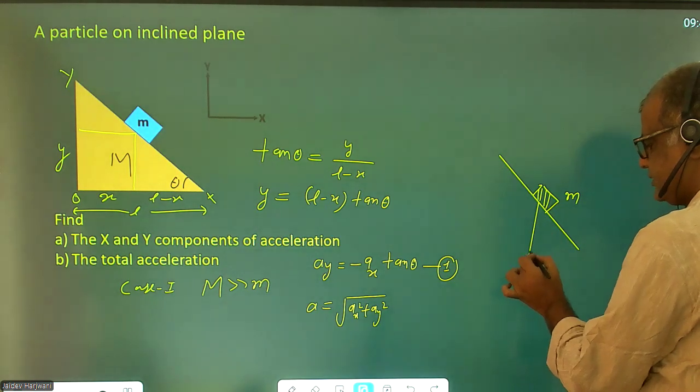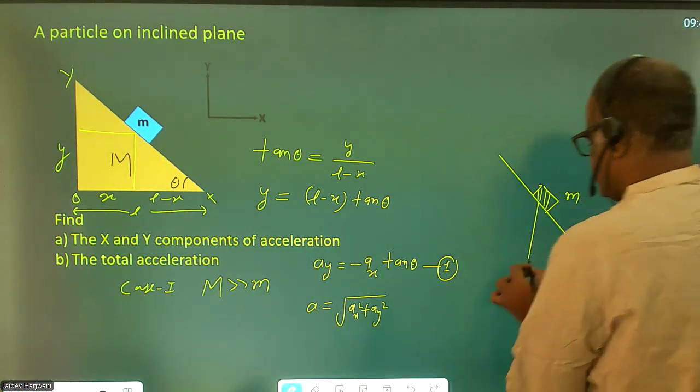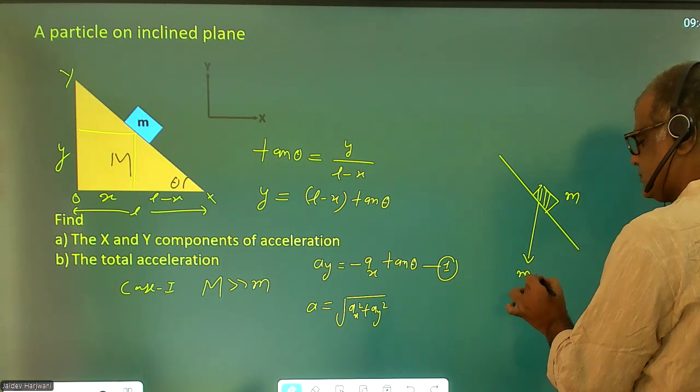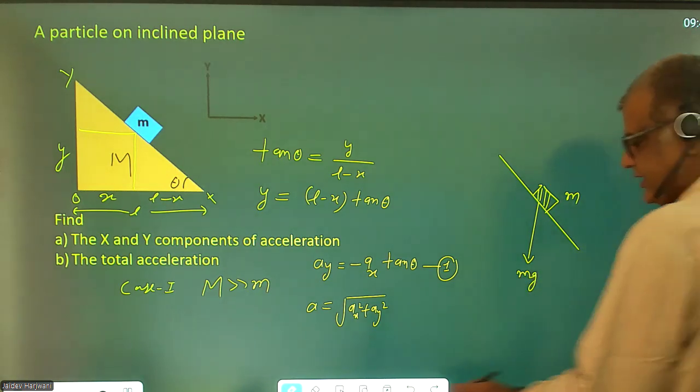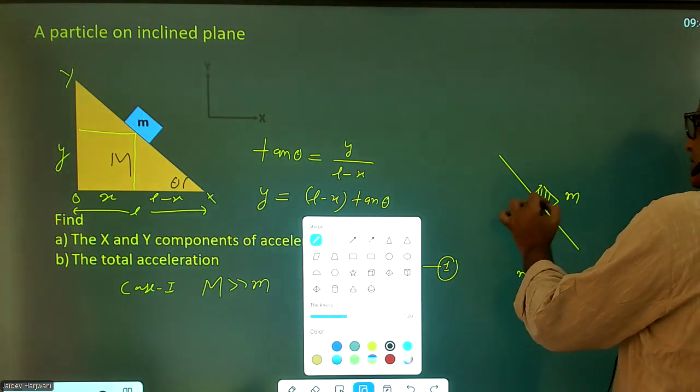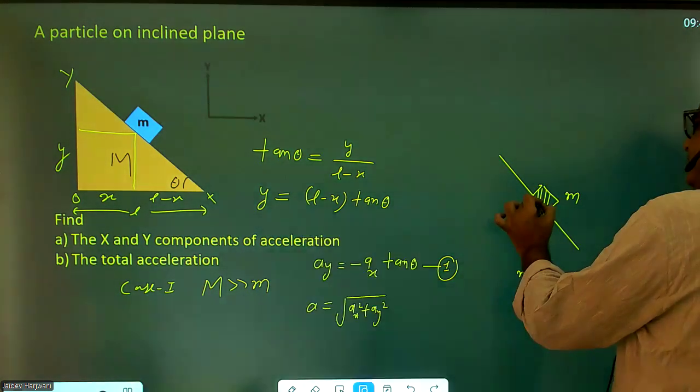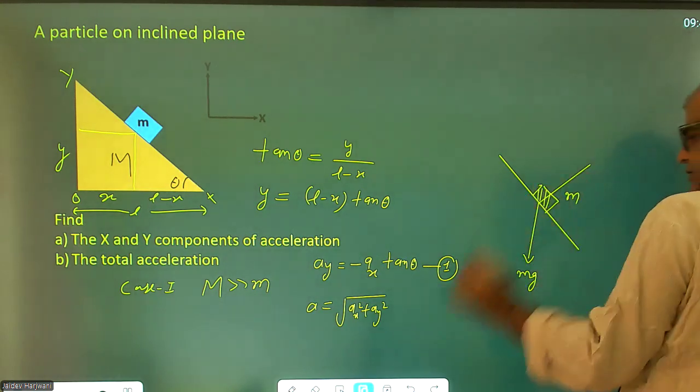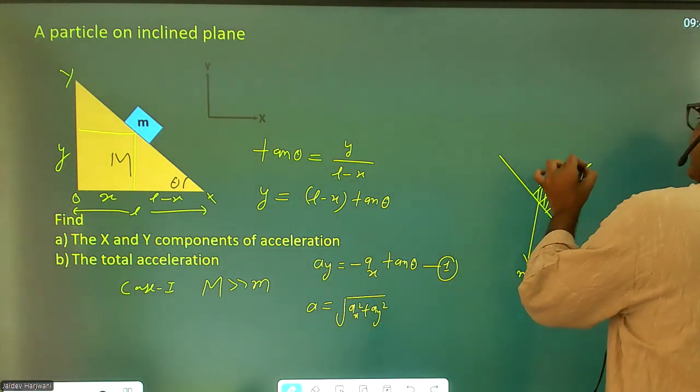This is mg. Similarly, there will be a reaction force by the surface on the block, which will be in the perpendicular direction. Say this force is N.